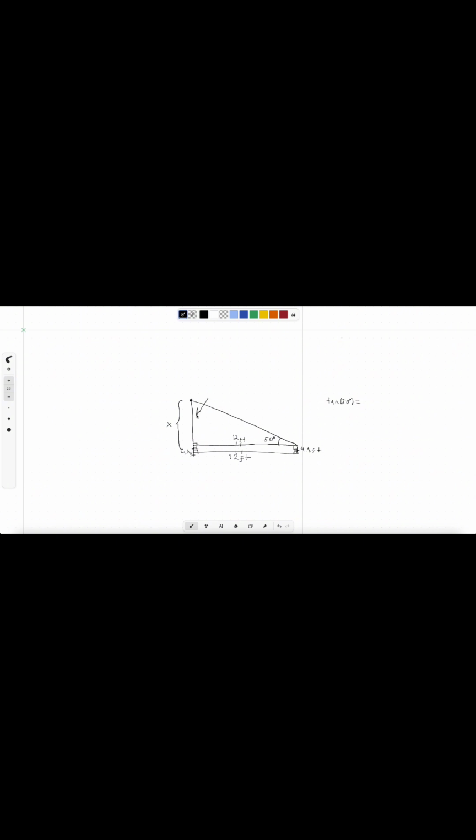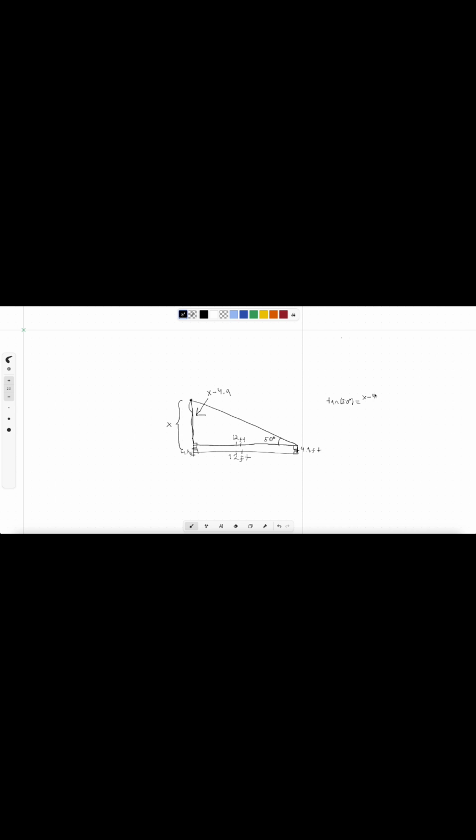This side length is part of the whole height of the house, but it's not the whole thing, because the whole height of the house includes this part, which isn't part of the triangle. So if we subtract 4.9 from x, we'll be getting rid of this part of the line, and we'll have the side length of just this part.